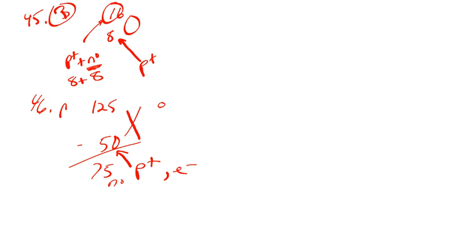Number 47. If E is a symbol for an element, which one represents isotopes? Here are your choices. That's A. Here's the second one. Here's the third one. And here's the fourth one. And we said isotopes must be the same element.